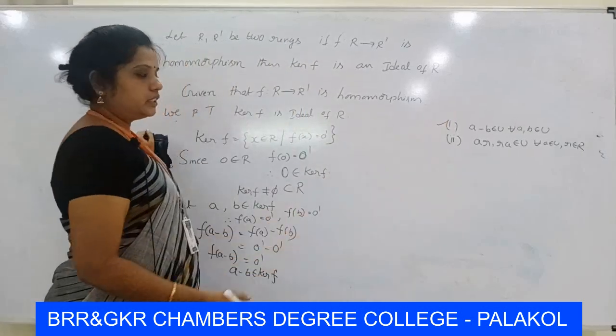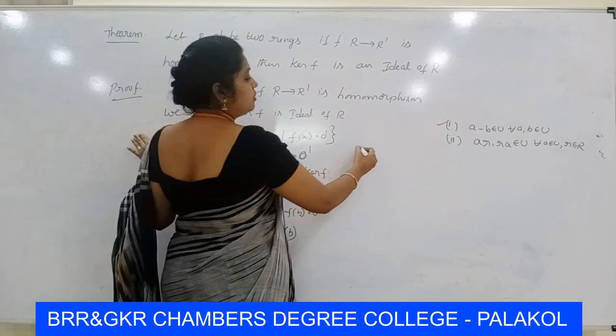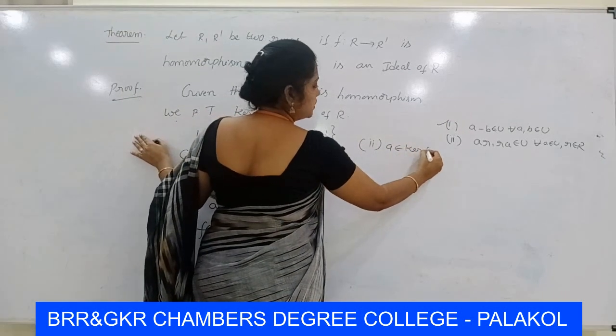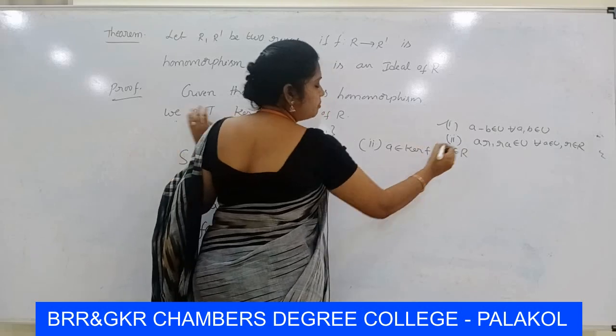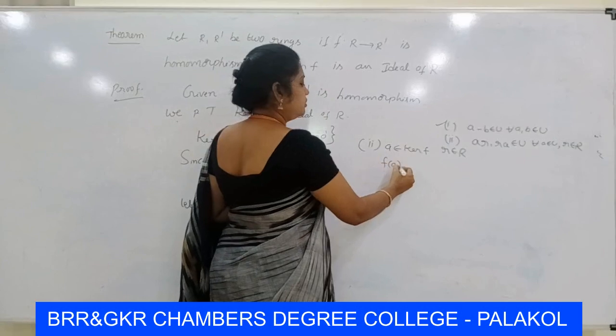Now second condition, that is AR, RA. If we take any element A belongs to kernel F and small r belongs to capital R. Now f of A is equal to 0 dash.